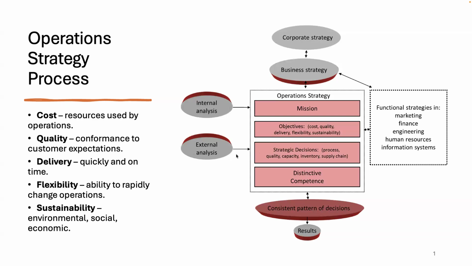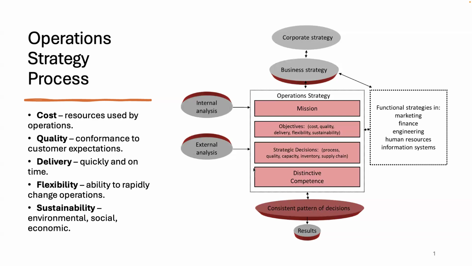As a result of these decisions, we arrive at the final level, which is operations competence. This represents what the firm is actually good at in operations, such as speed, quality, flexibility, or cost efficiency.